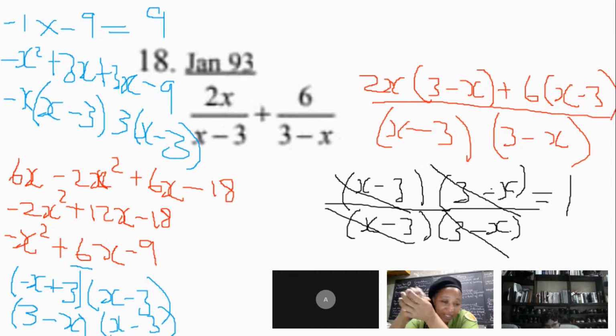Now that quadratic expression can be factorized because negative 1 times negative 9 is 9. And the two numbers that multiply to give 9 and add to give the middle term 6 are 3 and 3, positive 3 and positive 3. So we replace the 6x with 3x and 3x and factorize.